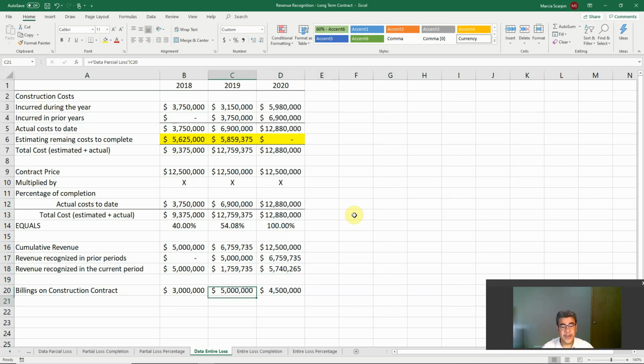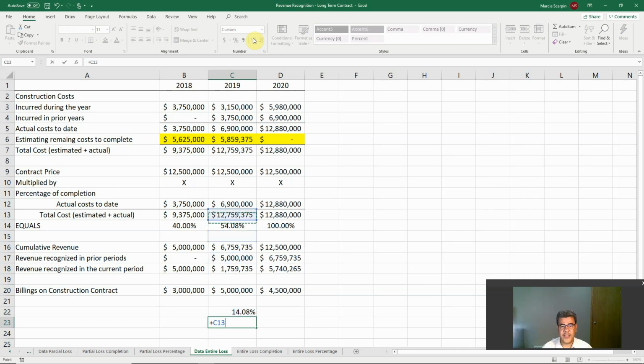Another way to find it is completion at the end of the second year, 54. Completion at the end of the first year, 40. So our completion here will be 14.08.